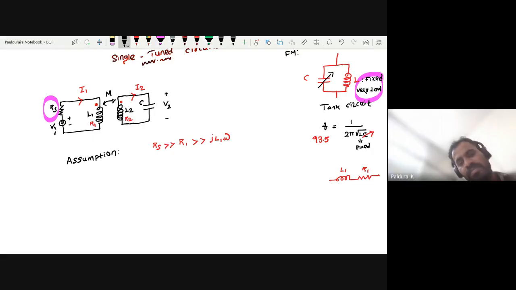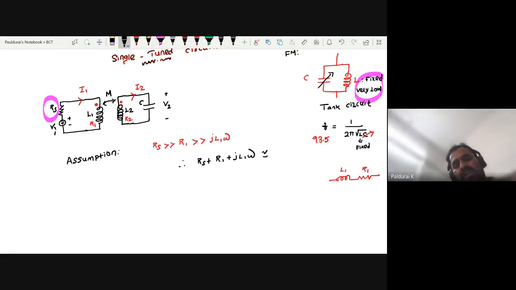Therefore from this, what is our conclusion? Rs plus R1 plus jL1 omega. If all are connected in series, what is the equivalent resistance?